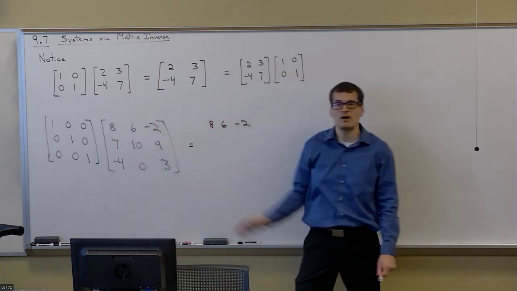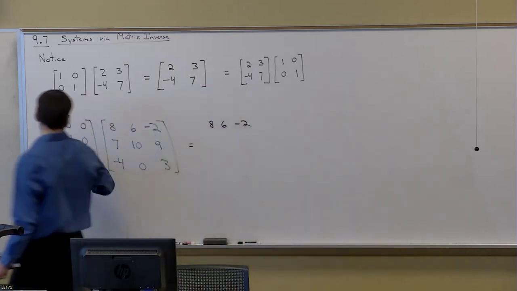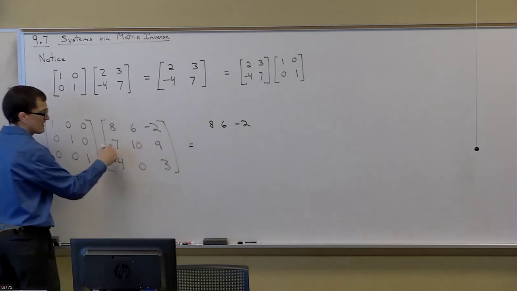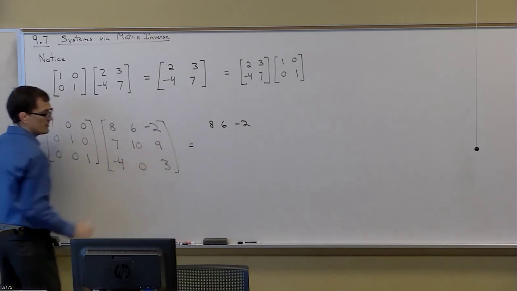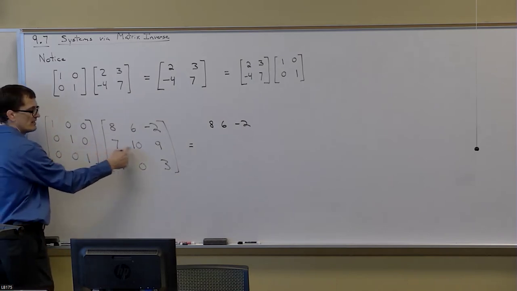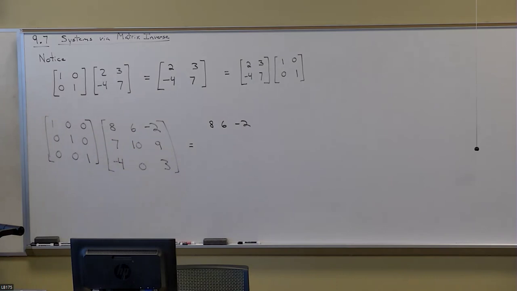And then if you look at what happens on the second row, when I take this second row and multiply it, guess what's going to happen? I'm just going to get the second row of this matrix. The 1 is going to multiply by 7, and then by 10, and then by 9, and the 0's are going to cancel out everything else.